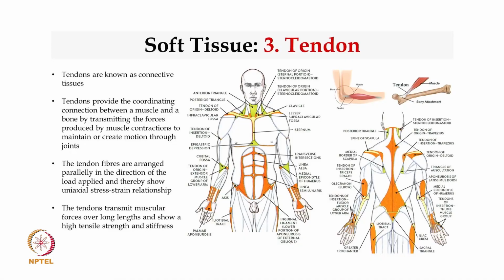Then your sternum, clavicle, these are very commonly known tendons, right? And if you look from the back side, you have a range of tendons again, like the spine of the scapula, you have the iliac crest, you have the sacral triangle at the bottom. Like there are so many. All these have a specific naming convention or nomenclature per se.